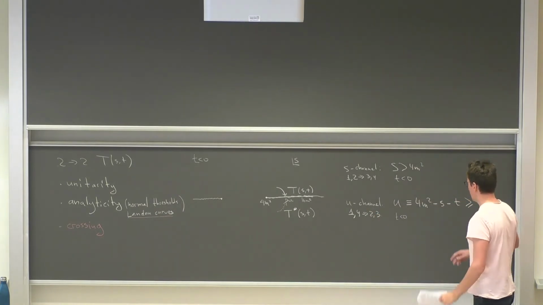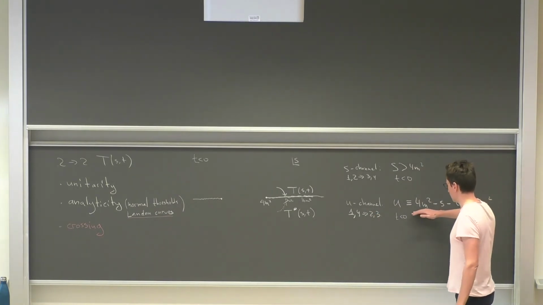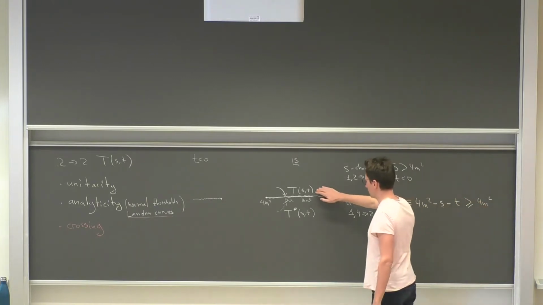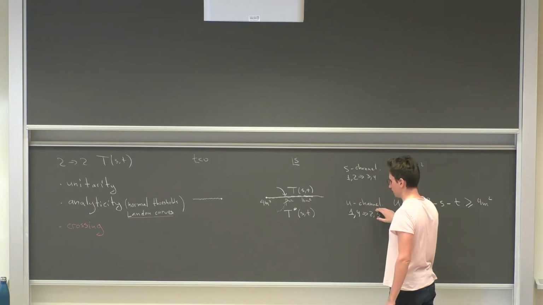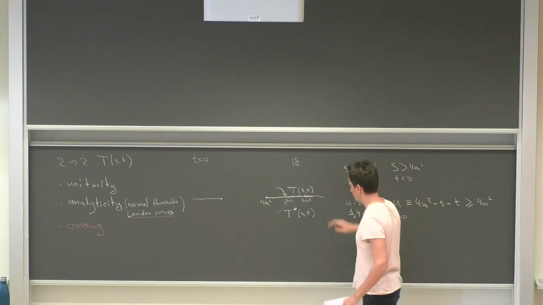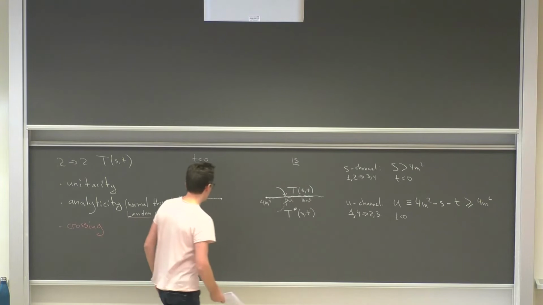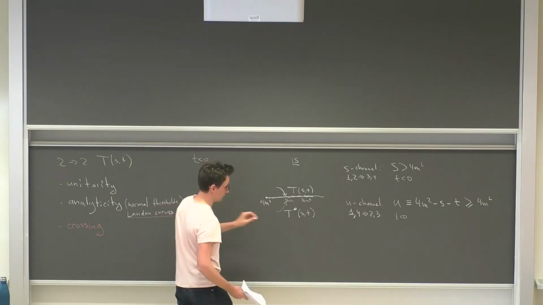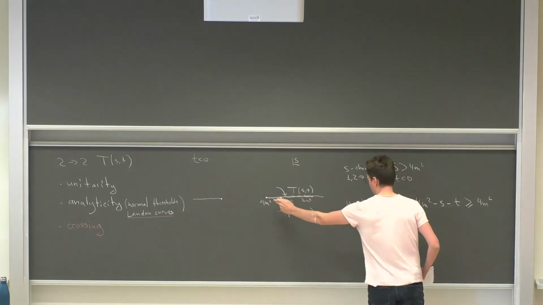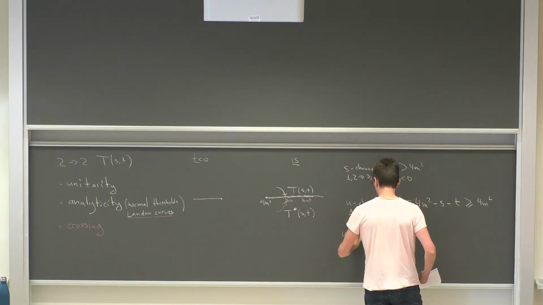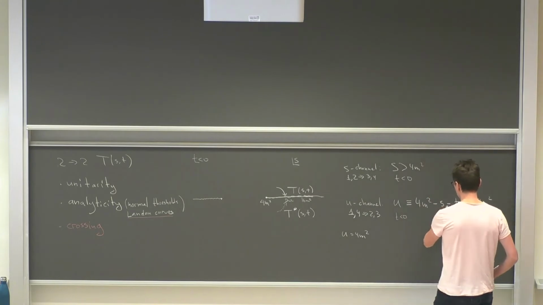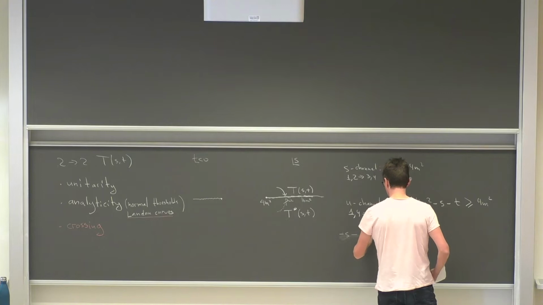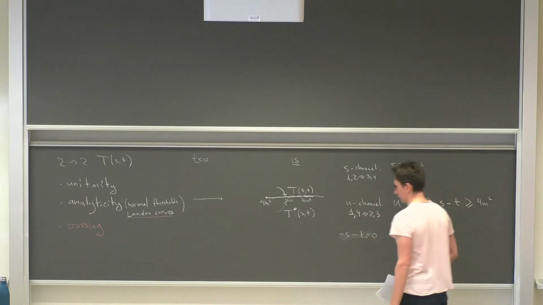So a priori, you can have an analytic continuation of this function that has nothing to do with the U channel, but what happens is that, in fact, if you take the branch point U equal 4m squared and plug in the definition, it's minus s minus t equal to 0, so s equals minus t.